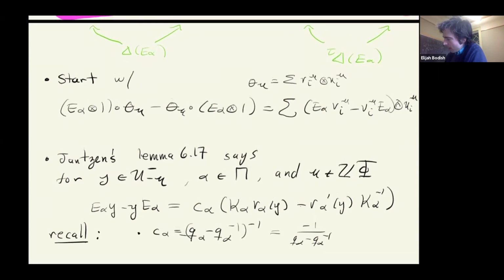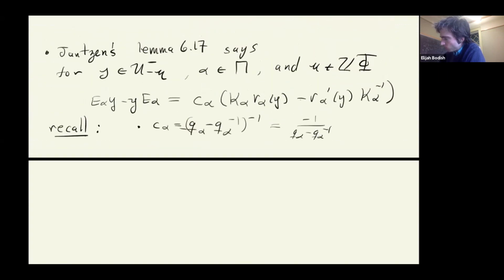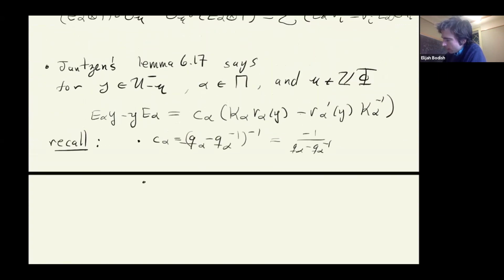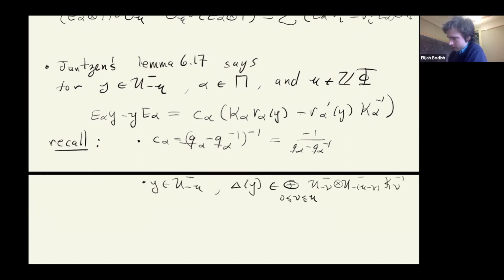And then how did we make sense of the R alphas and the R alpha primes? Well, we started by noting that if y is in U minus mu minus, then delta of y is in, well, we had this direct sum decomposition of nu less between mu and 0, nu is a root: U minus nu minus tensor U minus mu minus nu minus K nu inverse.